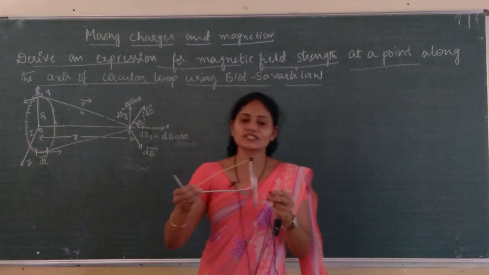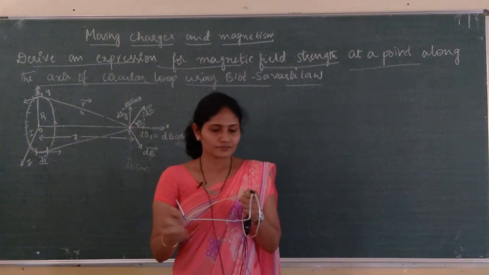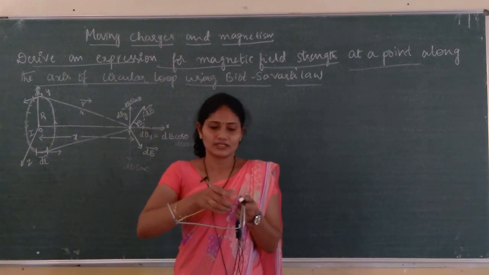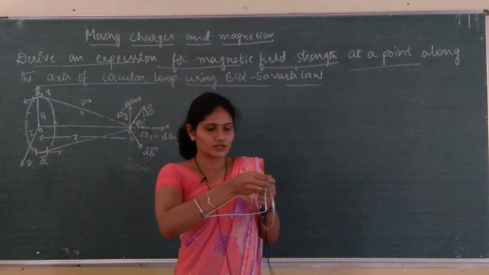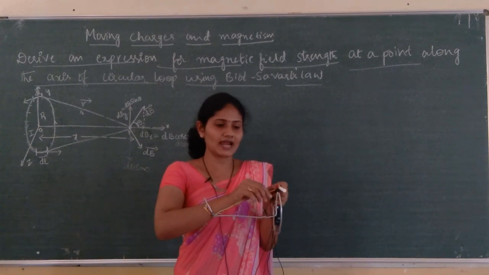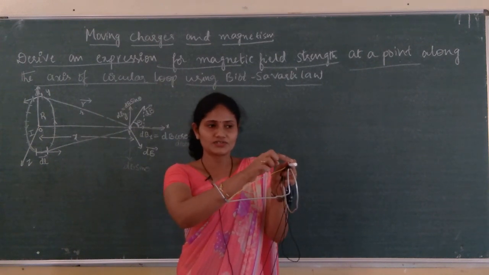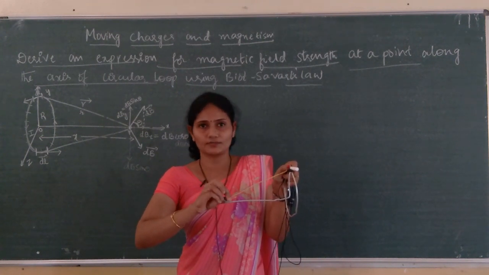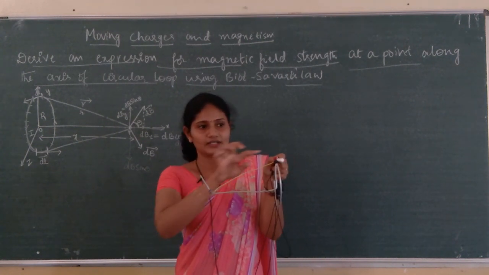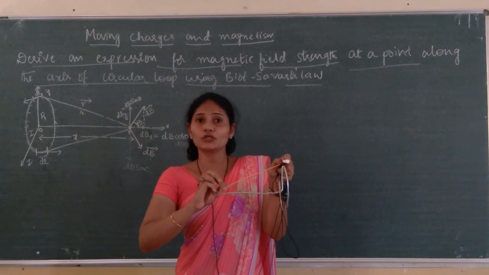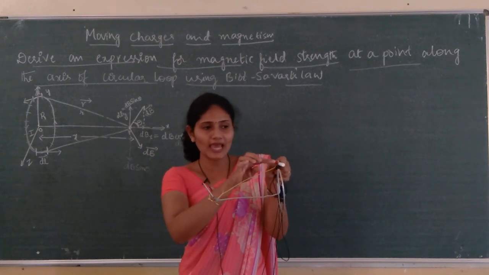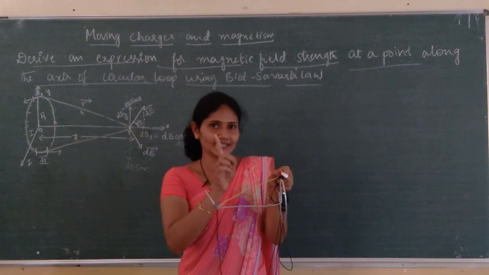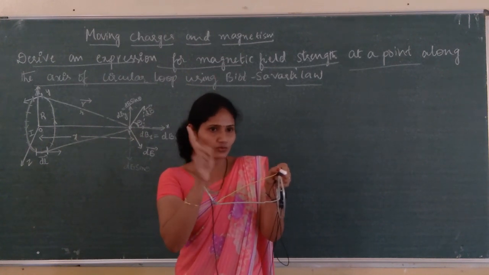So let us see what is the angle between dl and r. So this is the dl vector, this is the r vector. This dl and r, they are perpendicular to each other, therefore the angle between dl vector and r vector, theta, is equal to 90 degree.